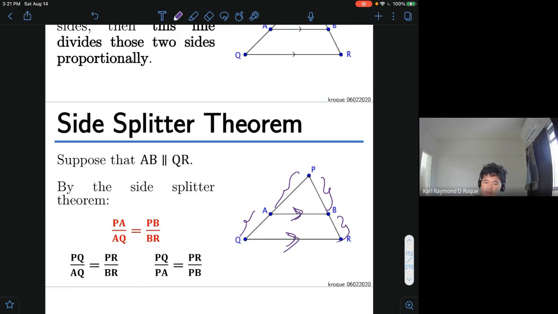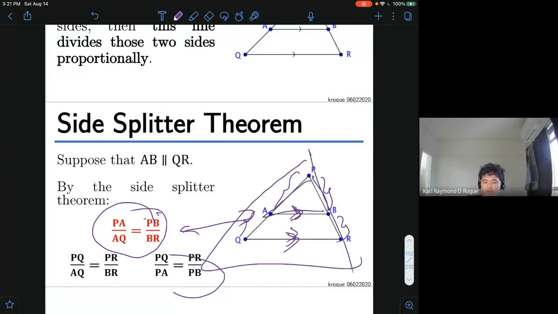Okay? Remember that. True lang ito kapag parallel tong dalawa na to. Pero, again, itong triangle, similar siya sa malaki. Kaya you can form these two relationships also.